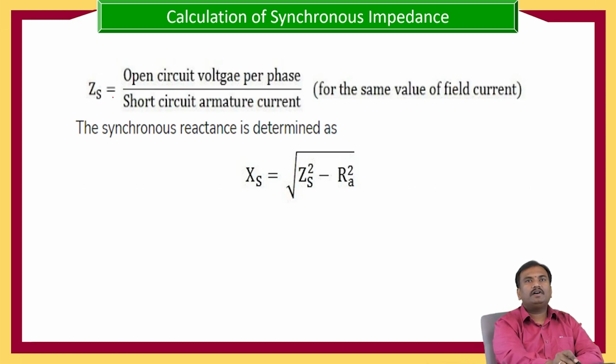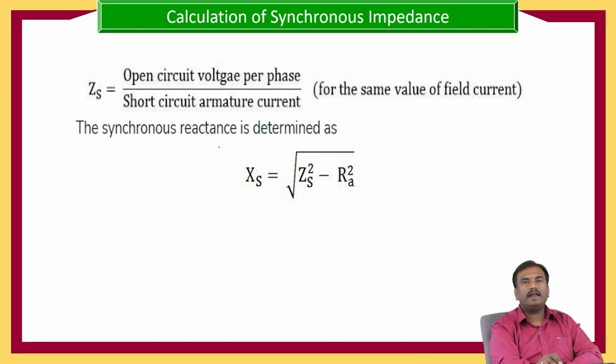Here is the Zs formula. Zs is equal to the open circuit voltage per phase divided by the short circuit armature current for the same value of field current, where we get the rated voltage.